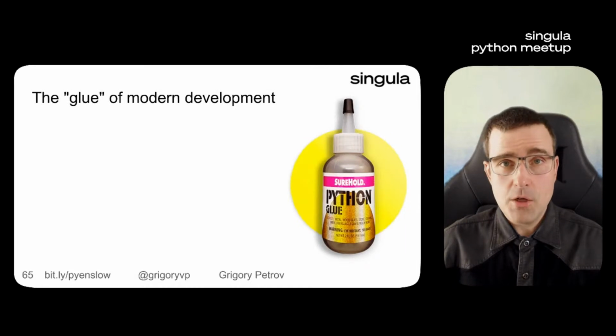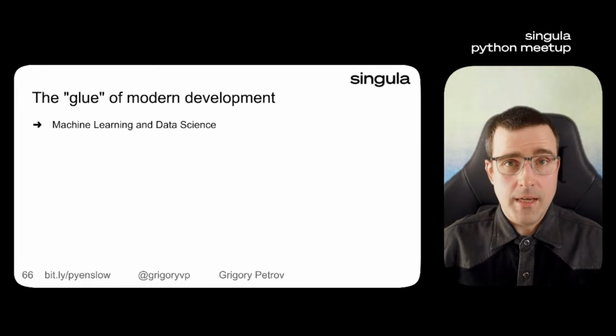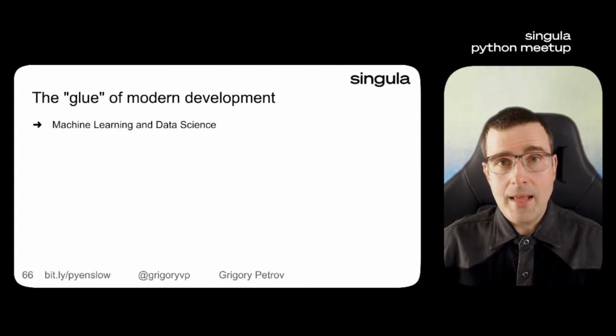What are natural targets for our language glue? First of all, machine learning and data science. They are natural targets for Python due to its history. Thirty years ago, Python was created as a language to be used as a high-level glue, and it settled within academia.